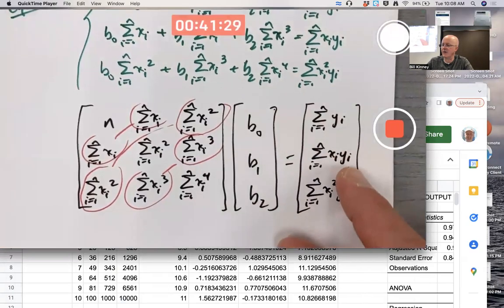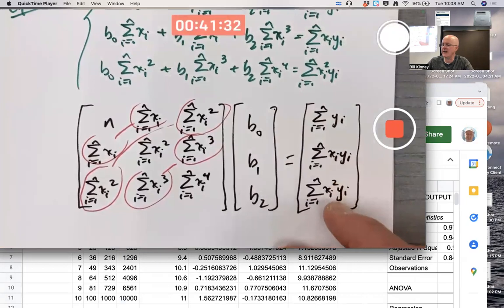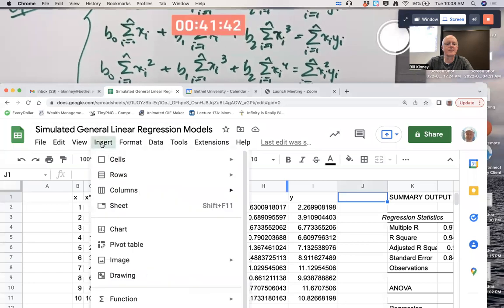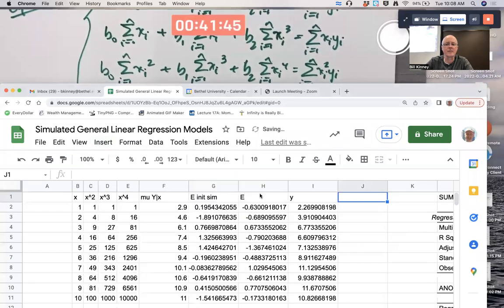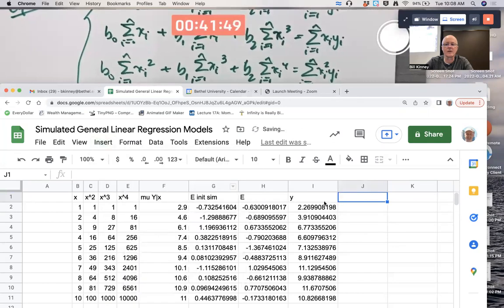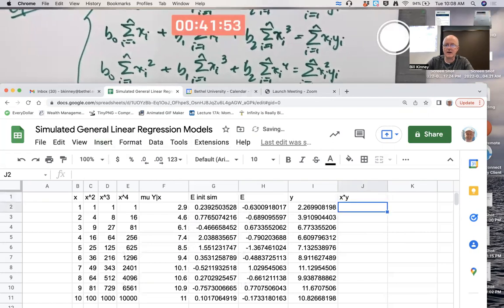I need a column for products x times y and x squared times y. The y values are over here. Might make more sense to put those over here. So x times y and x squared times y.